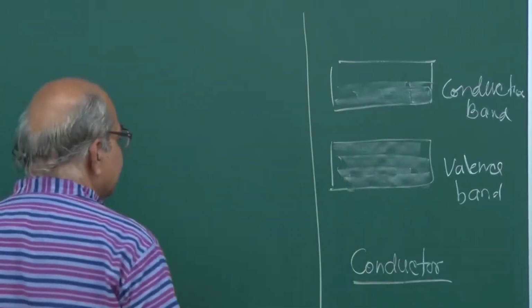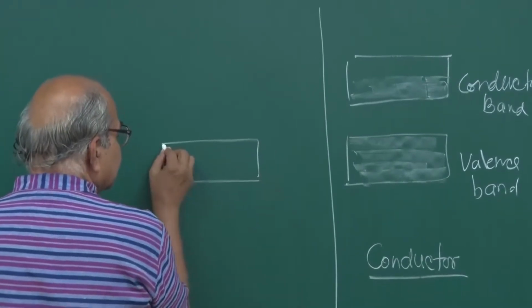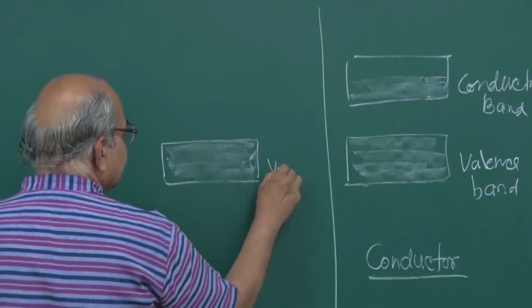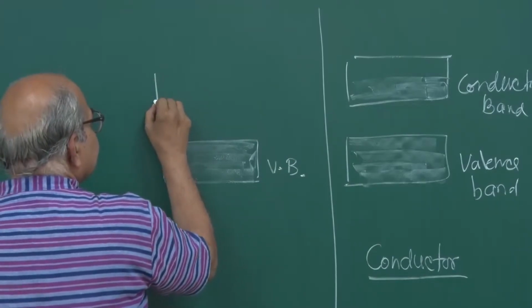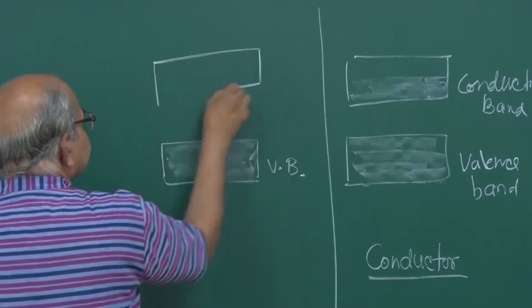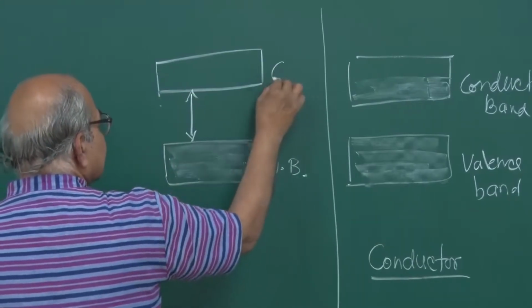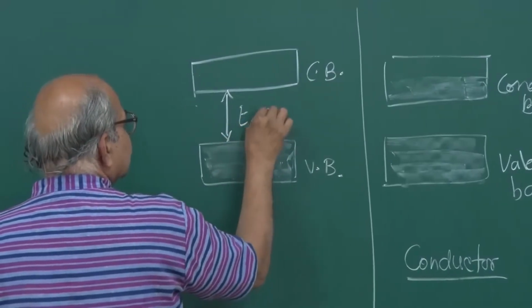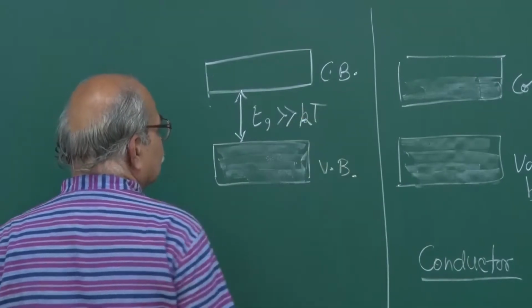Then the other variety is that the conduction band is completely empty. So valence band is here, and then the conduction band is completely empty, and this energy gap between the valence band and conduction band is much larger than kT.